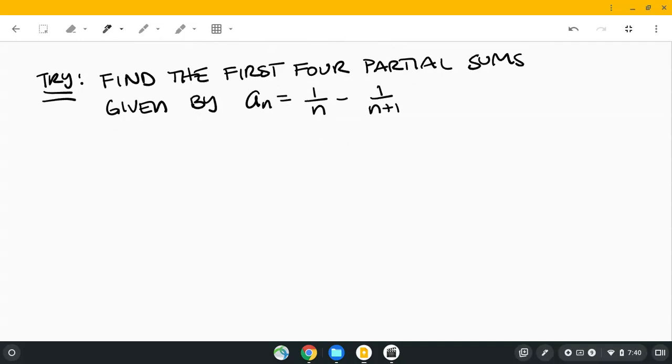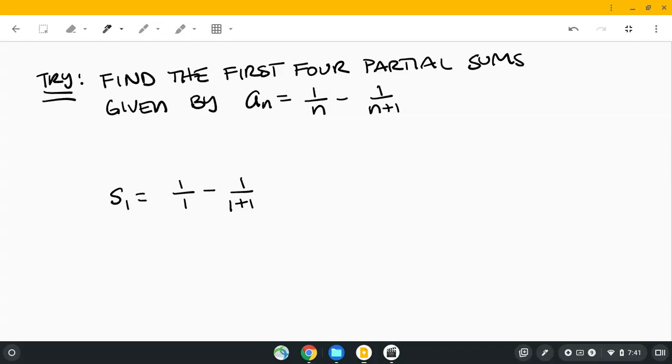You can list the first four terms if you want to, or you can just do it as you're doing your sums. So you can either list them, or you can go straight to the sums. S1 is going to be 1 over 1 minus 1 over 1 plus 1. Okay, so you can do that. All right, go ahead and hit the pause button and then come right back.